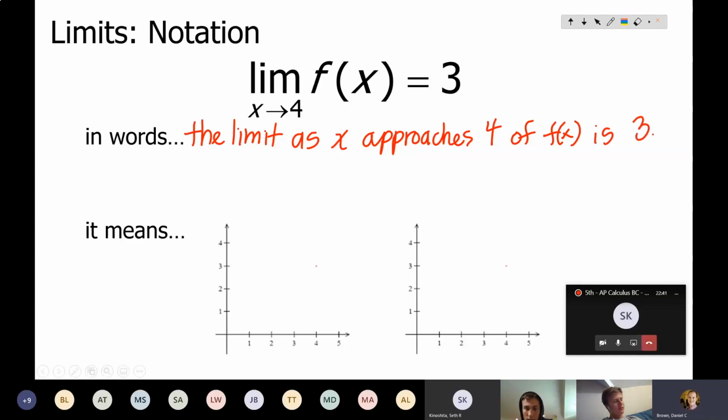So some different things that I want to make sure we notice when we're talking about the limit. This arrow that we see in the limit is translated as the word approaches. So we don't care if the graph is not exactly at that value. We're talking about what is approaching. And when we say approaches, we're going to call this from both directions.